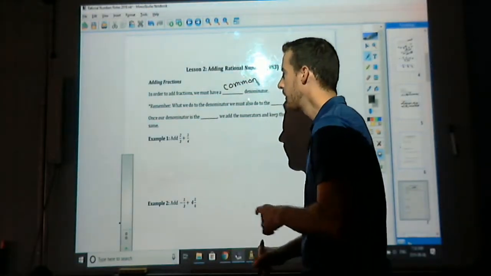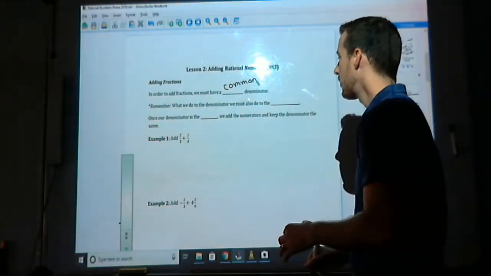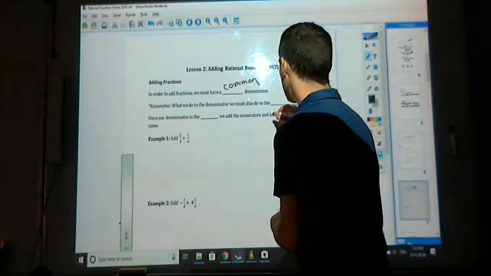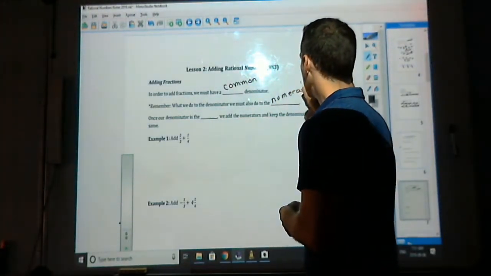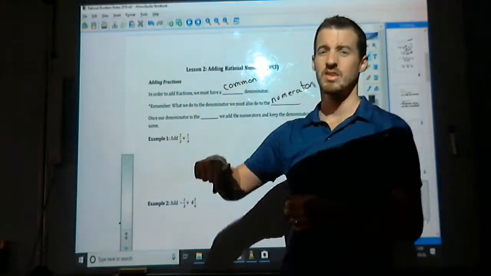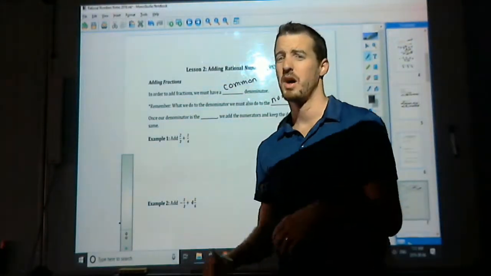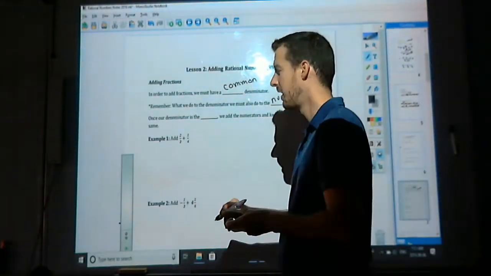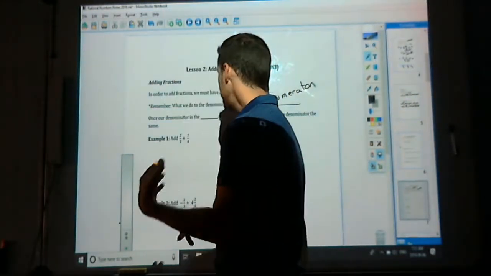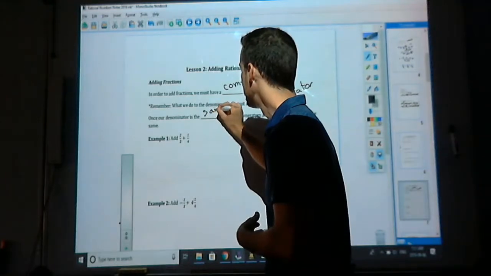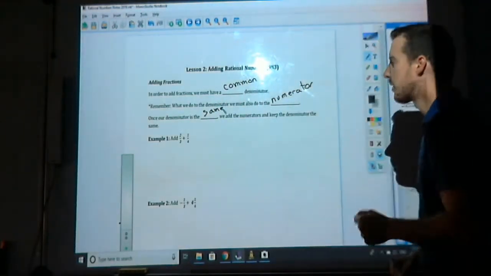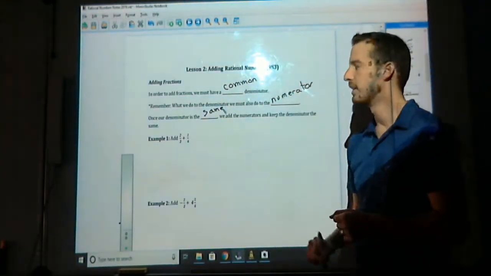Remember, what we do to the denominator, we must also do to the numerator. So if you do it to the bottom, you do it to the top. If you do it to the top, you do it to the bottom, when we're trying to just keep the fraction the same. Once our denominators are the same, we add the numerators and keep the denominator the same.